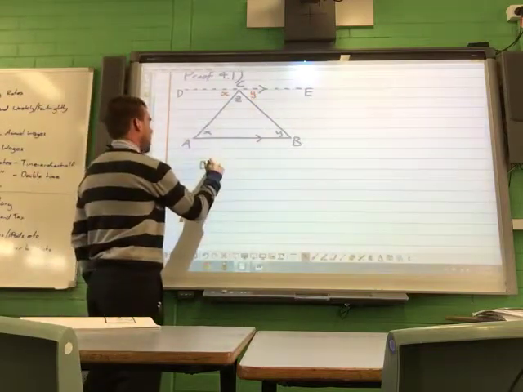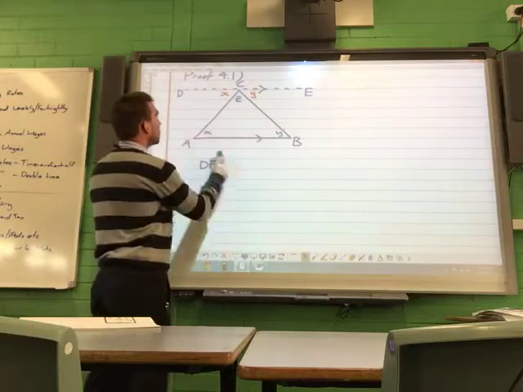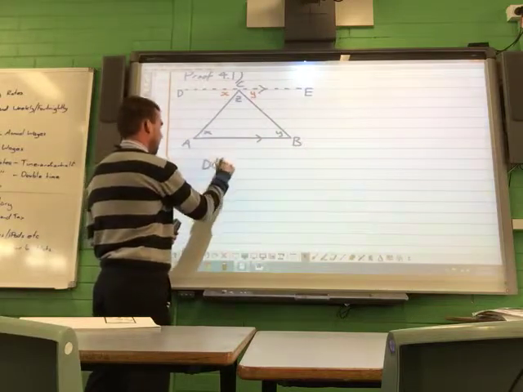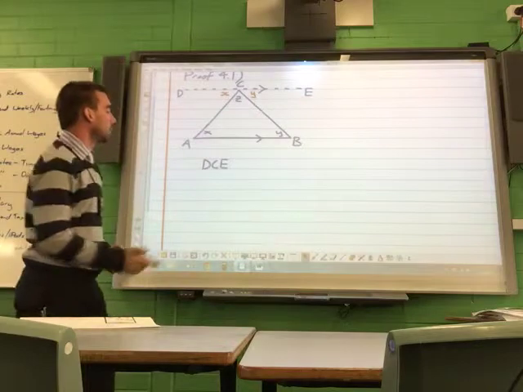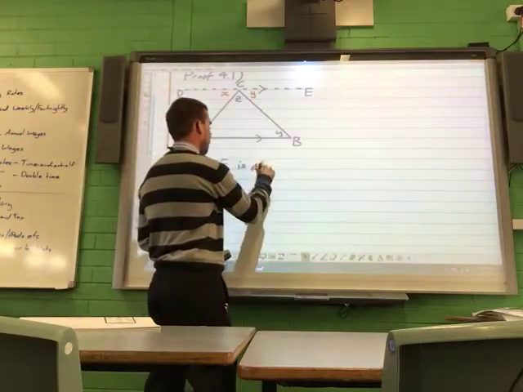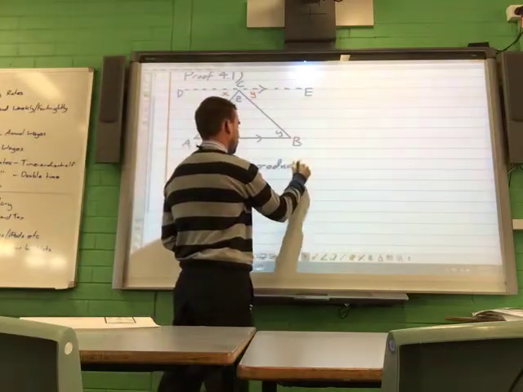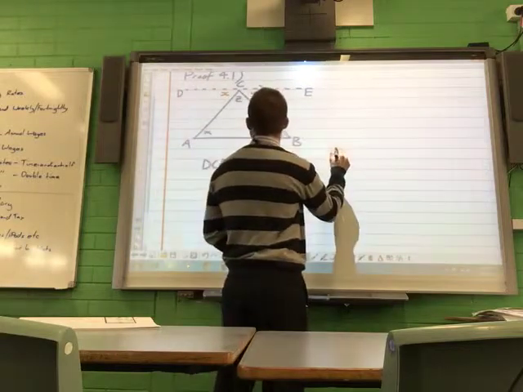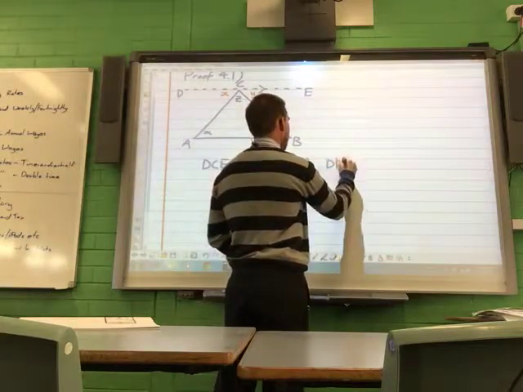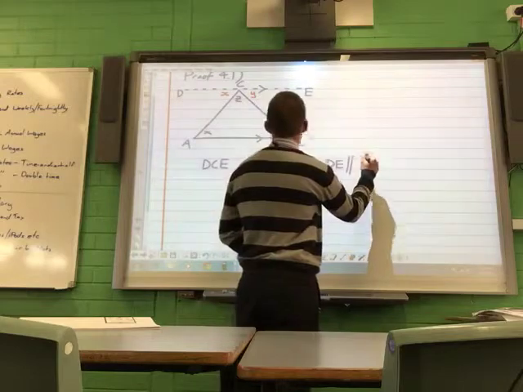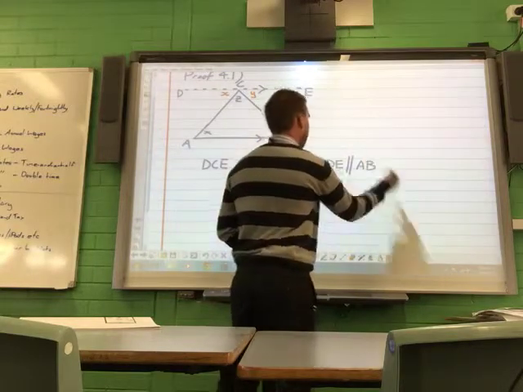DCE is produced such that DE is parallel to AB.